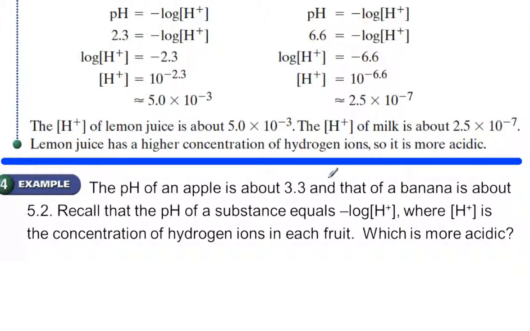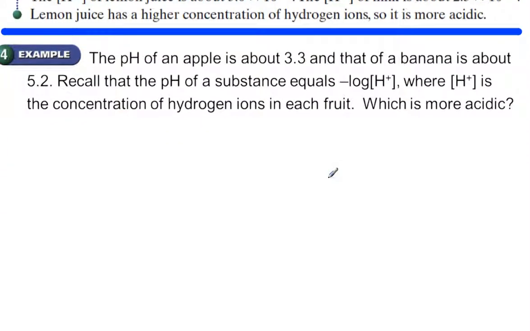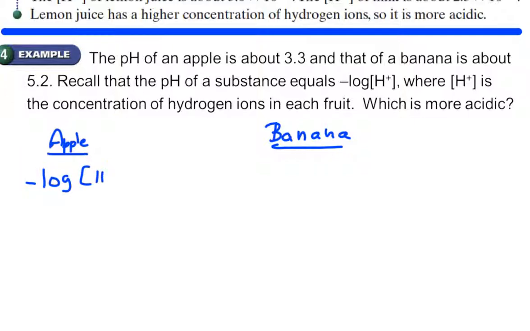Let's go ahead and write these out as two different things. We have our apple, and we have our banana. For this one, the pH equals negative log H plus is equal to 3.3, and this one is negative log H plus equal to 5.2.